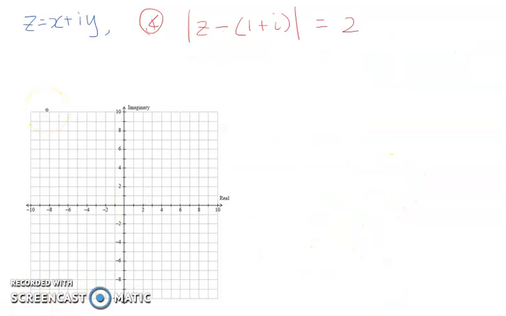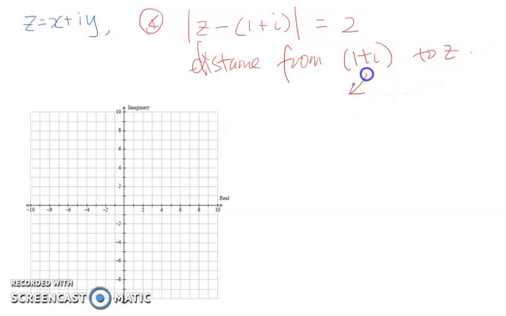Let's have a look at another example here, which is z take away the whole thing, 1 plus i. The modulus is equal to 2. Again, I can interpret this as the distance from 1 plus i to z. If I plot this 1 plus i on the graph, the real part is 1, the imaginary part is 1.